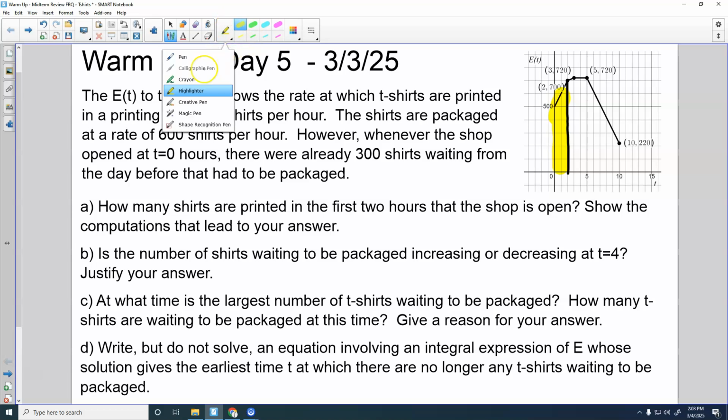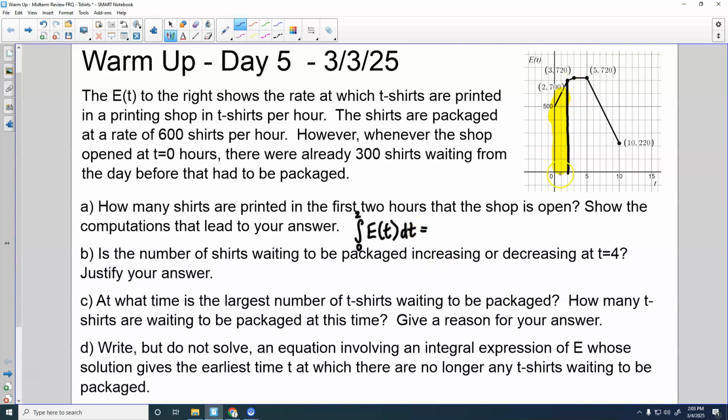And so the way you want to write that on a calculator active question is you want to do the integral from, on this particular one, 0 to 2 of E of t dt. Don't skip writing that integral expression because sometimes that's one of the points of the question.